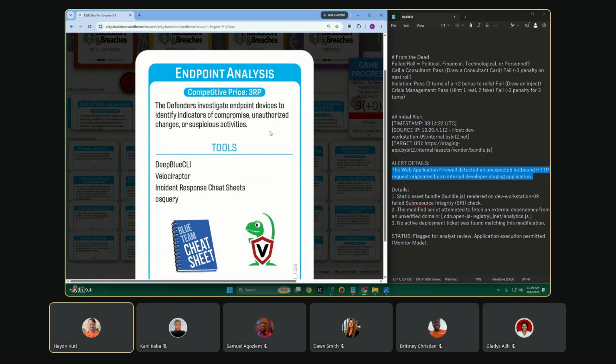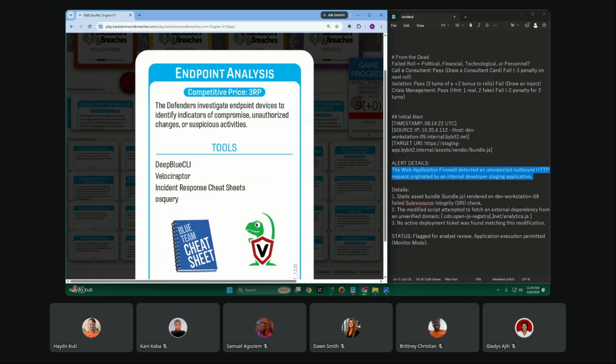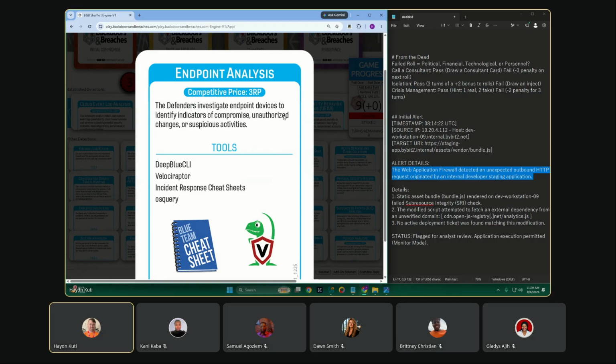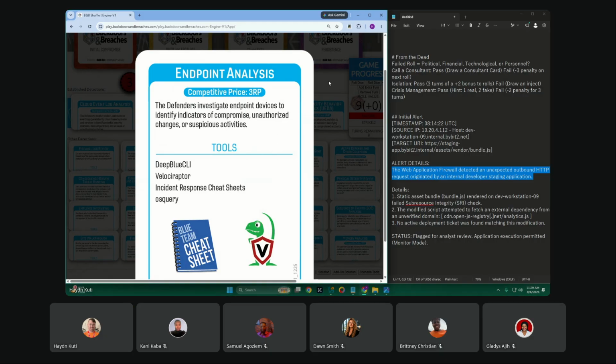Investigate endpoint devices to identify IOCs, unauthorized changes, and suspicious activities. Don's saying endpoint analysis. What do you guys think? Yeah, I'm supporting server analysis in this. I think let's go with endpoint analysis, since it's both the incident response.